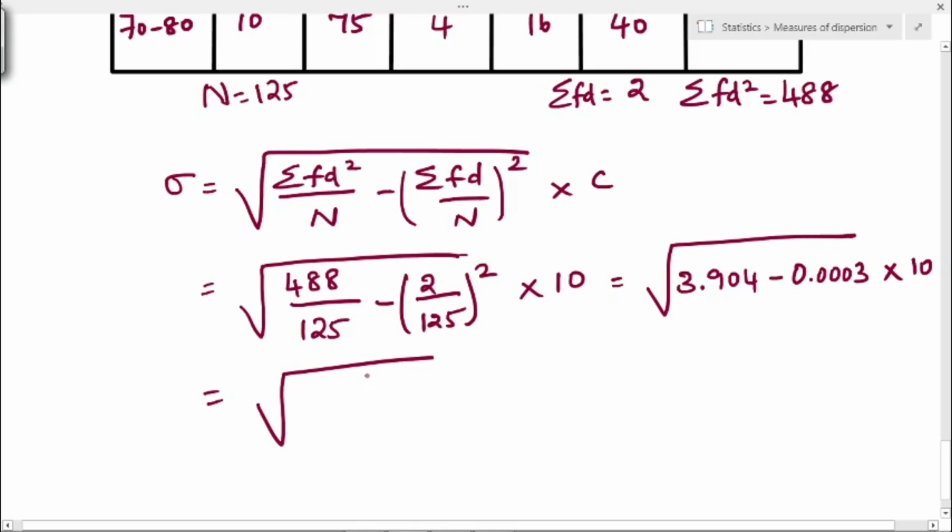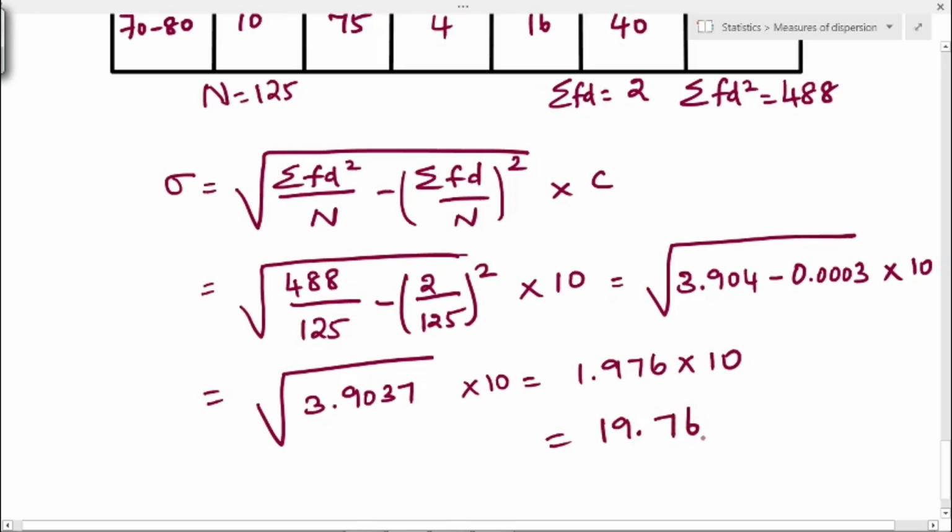If you subtract you will get 3.9037 into 10. If you take the square root you will get 1.976 into 10. So if you multiply you will get 19.76. So this is the value of standard deviation by using the step-deviation method.